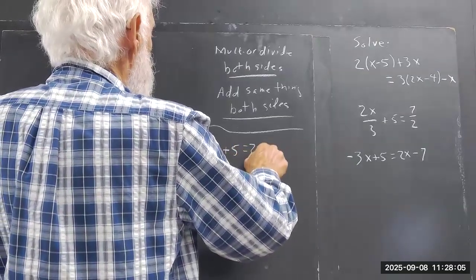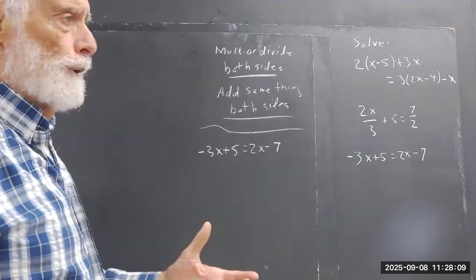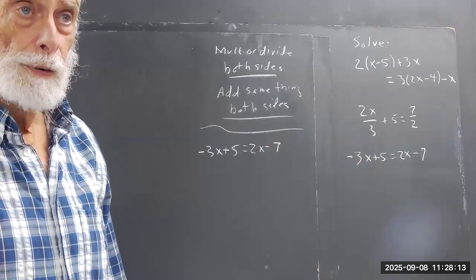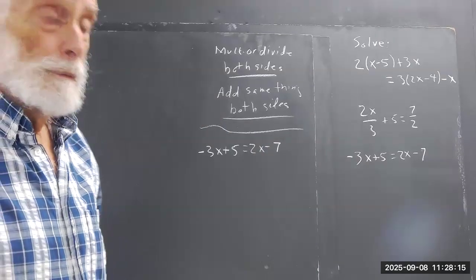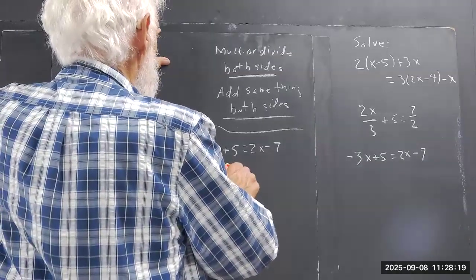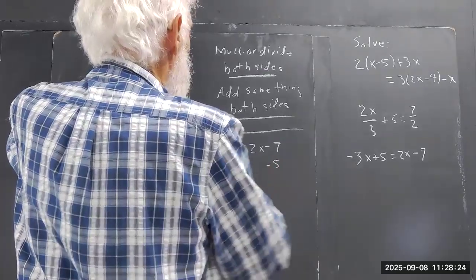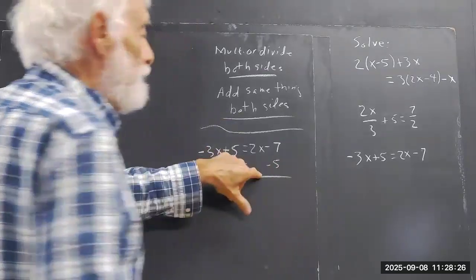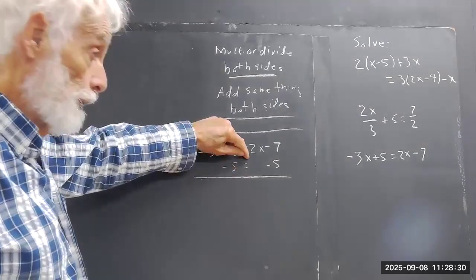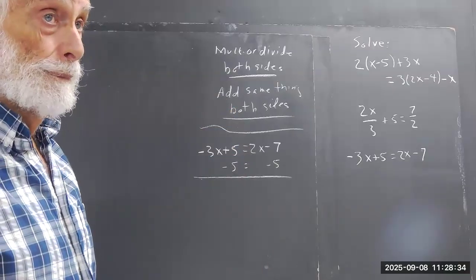There's something here that a lot of people are missing. Okay. Our goal is to get all our x's on one side and all our plain numbers on the other side. Okay, well, if you add -5 to both sides, in other words, you add the equation -5 equals -5, no matter what open math or anything else might tell you, you want an equal sign there so you understand that you're adding an equation to an equation.